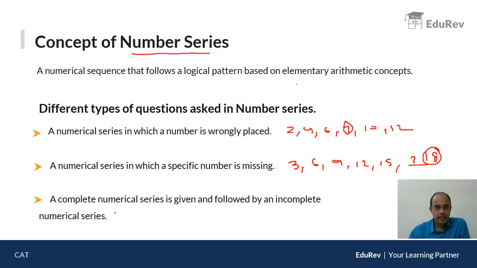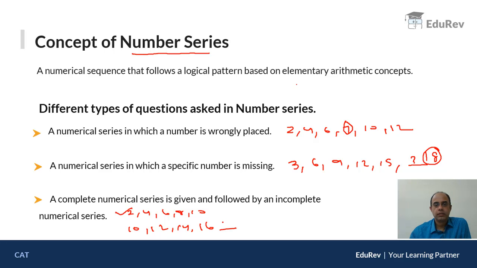Now, third type of series is where a numerical series is given to you and then followed by an incomplete numerical series. For example, if I say 2, 4, 6, 8, 10, then a new series is given to you. Suppose I say 10, 12, 14, 16.